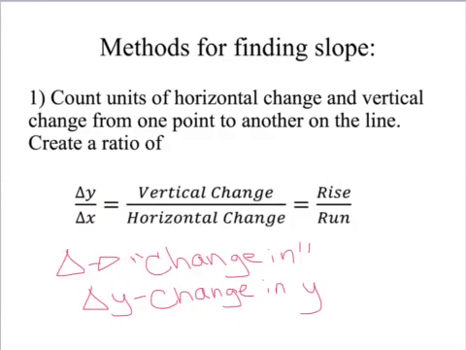Most of you know the slope formula, and if you think about it, it's always subtraction. Subtraction finds the change in, or the difference between, two values. So the change in y and the change in x is the same as the vertical change over the horizontal change. Remember, vertical goes up and down, horizontal goes left to right, which also is rise over run.